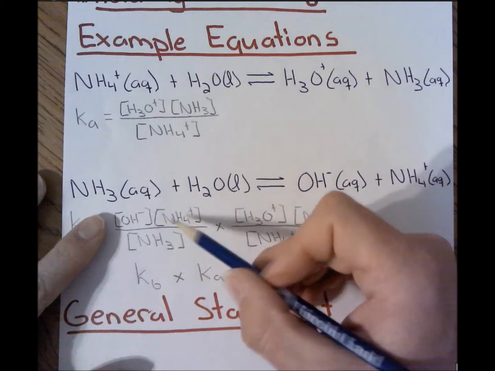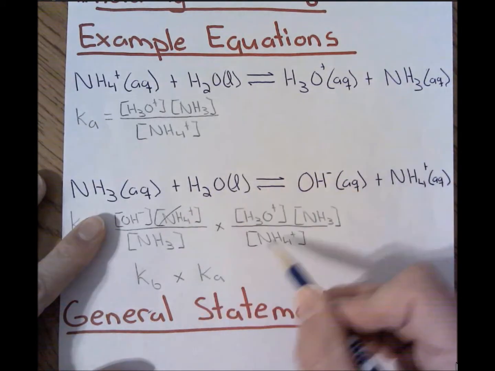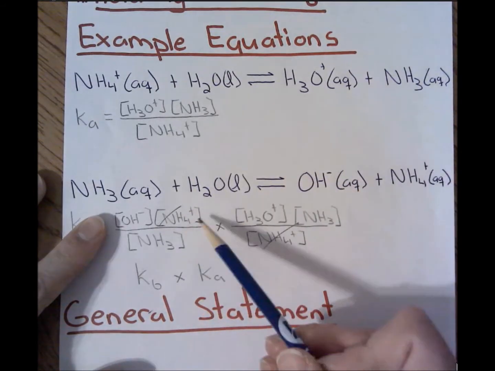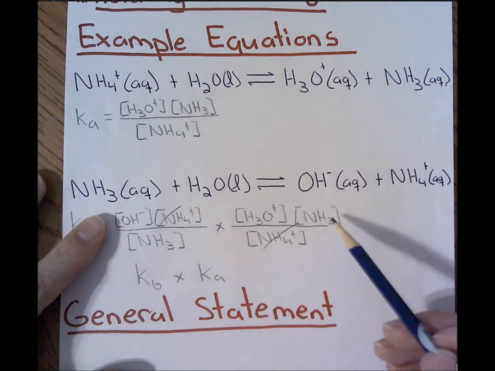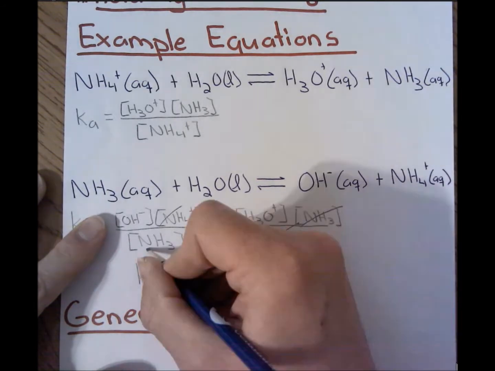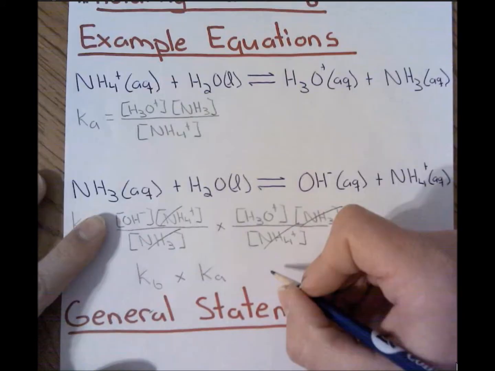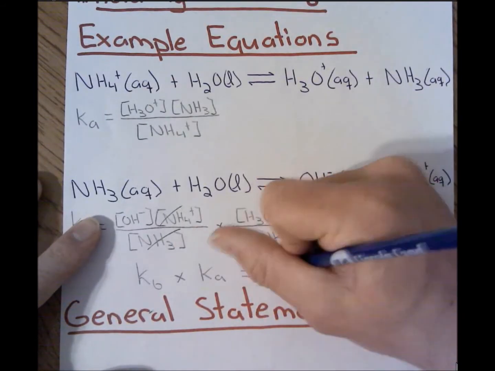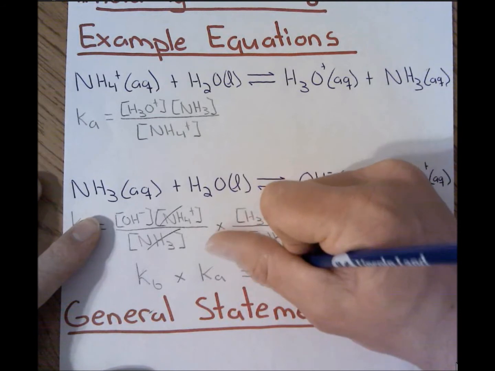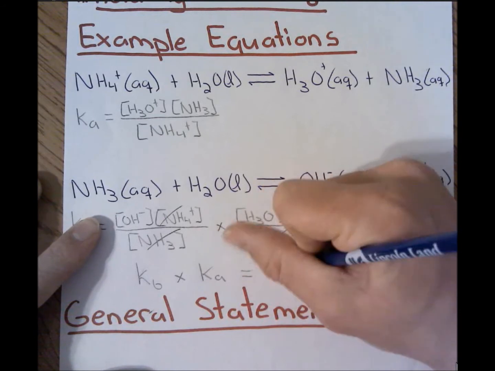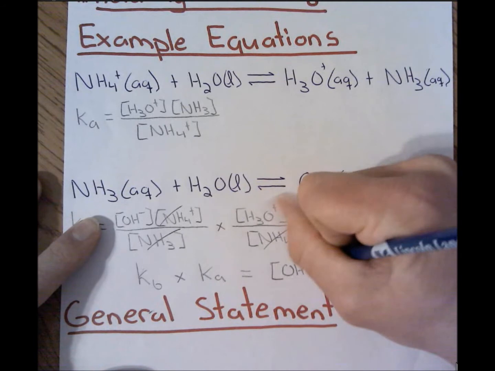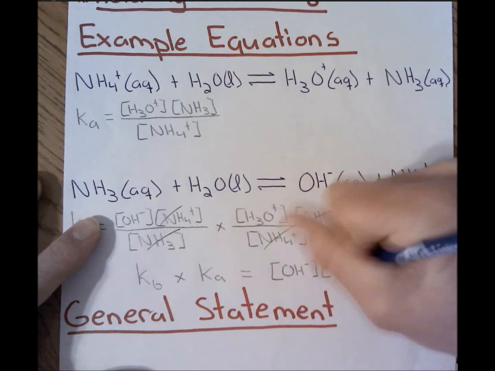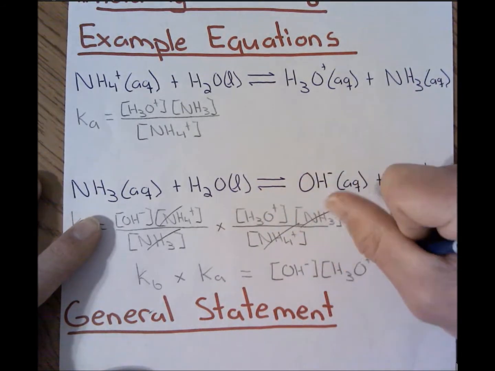Now, if I multiply these together, my NH4 plus cancels out because they're diagonal from each other, and so does NH3. So when I multiply my Ka times my Kb, what I have is OH minus times H3O plus.